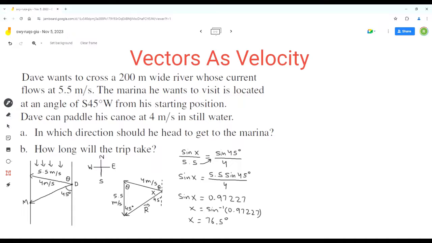Now we can calculate the value of angle theta. So angles theta, x and 45 degrees lie along a straight line, so their sum is equal to 180 degrees.